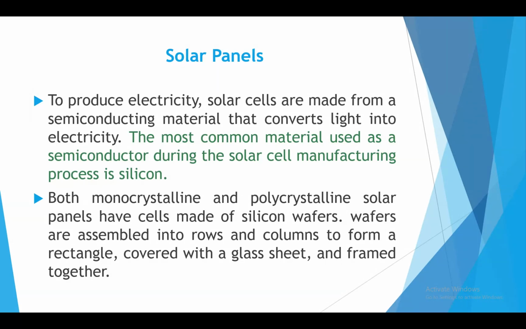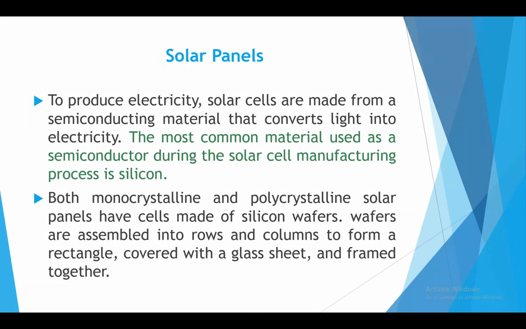Then we have different types of solar panels. One of them is monocrystalline and the second one is polycrystalline. Both these types of solar panel have cells made of silicon wafers.